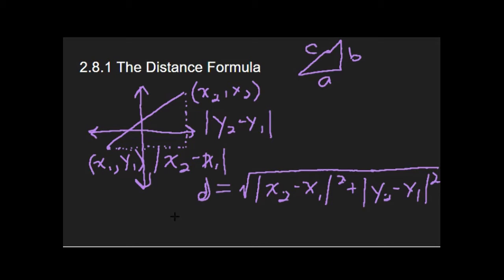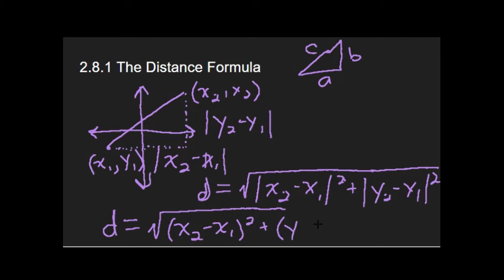So we can simplify the distance formula for a line as d is equal to the square root of x2 minus x1 squared plus y2 minus y1 squared, and then make sure your square root symbol goes all the way over all of that.